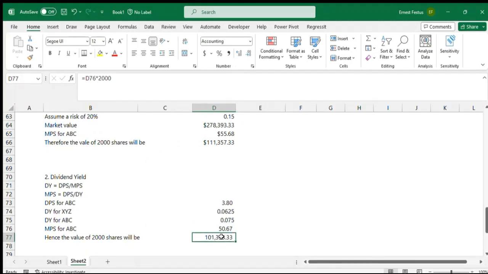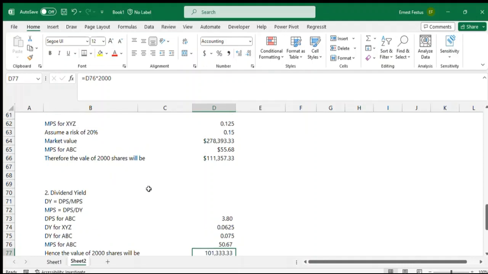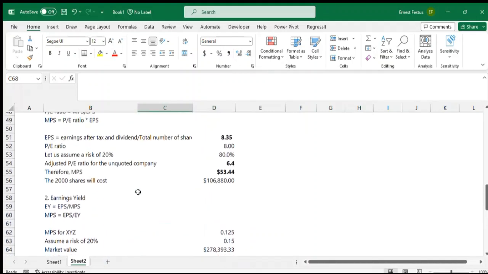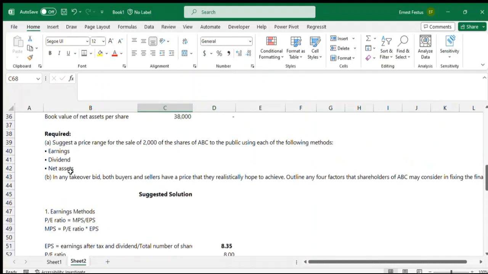So that is the value for the 2,000 shares that we will have. Alright, so it means that we are going to quote a price, or a value for the 2,000 shares, that is around this figure when we are using the dividend yield method. Now the last one per the question is the net assets.